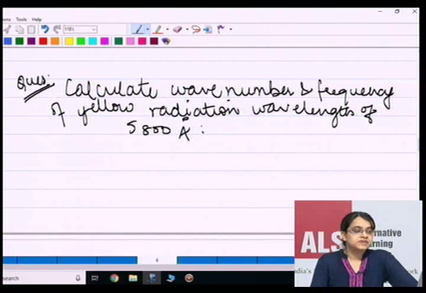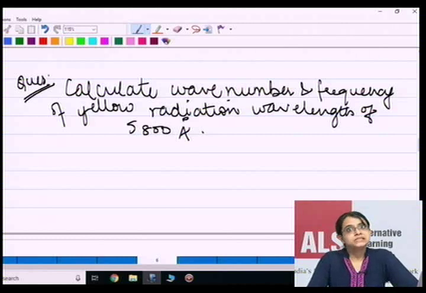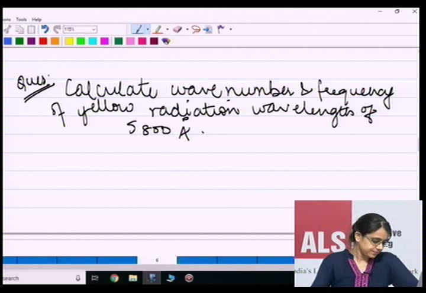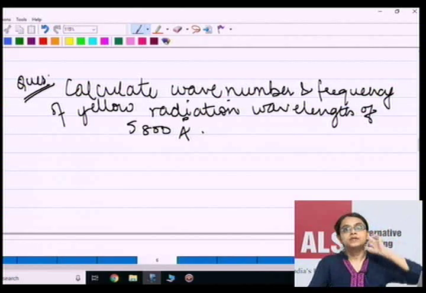The wavelength is given as 5800 angstroms, and you have to calculate the wave number and frequency. The radiation is yellow, so it's in the visible spectrum. Quickly solve this and let me know the answer when you're done.